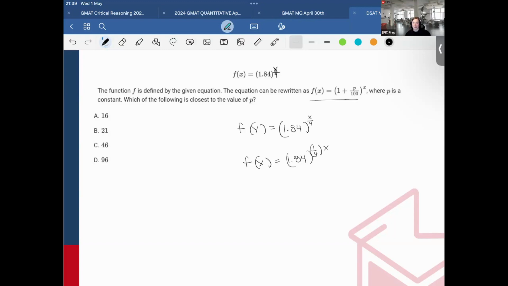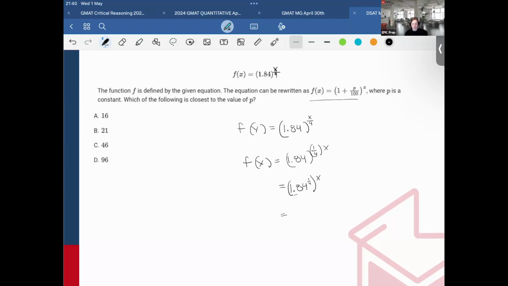Because this would be the same expression. And then I can just now distribute that nicely. So this would be the same as 1.84 raised to the 1/4, and then I can have x on the outside. So now I just need to see what that's equal to, 1.84 raised to the 4th power.